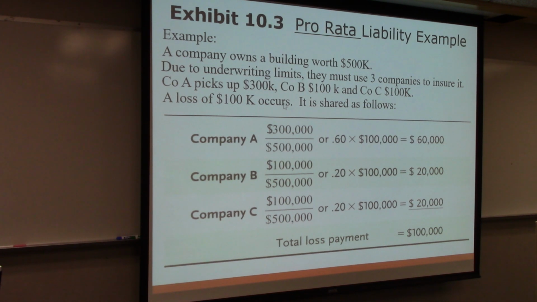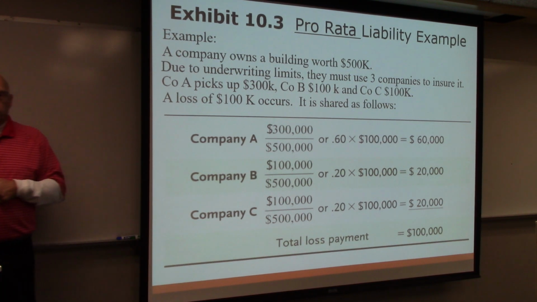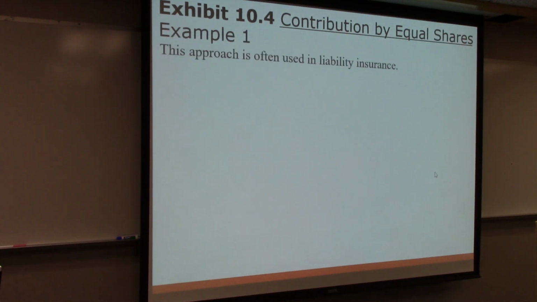And then Company A is picking up $300,000 of the $500,000, so that's 60% of the loss times the $100,000, 60%, 20%, and 20% under pro rata. Okay? Now let's look at contribution by shares, equal shares. All right.